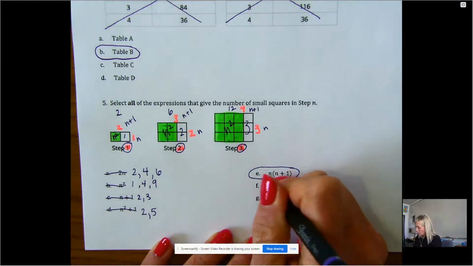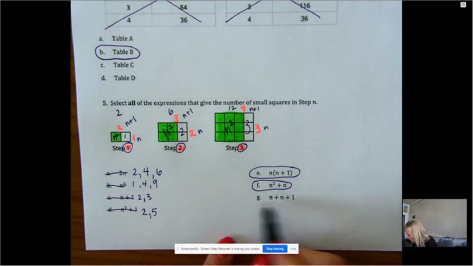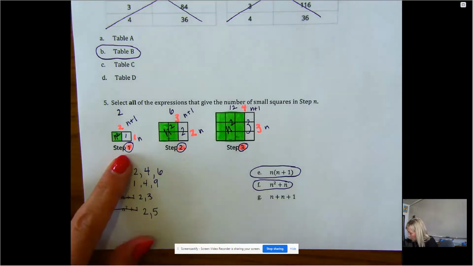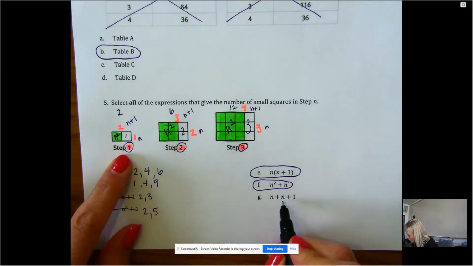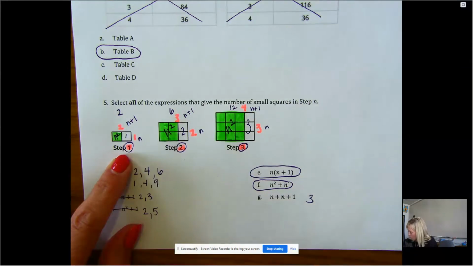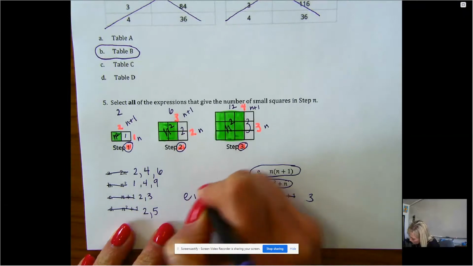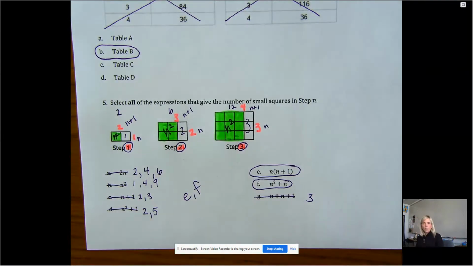So n squared plus n is a good one. That works. And then for the last one, n plus 1. In step 1, we'd have 1 plus 1 plus 1, which is 3, and there's only 2 squares in step 1. So E and F are the only two correct expressions for this pattern.